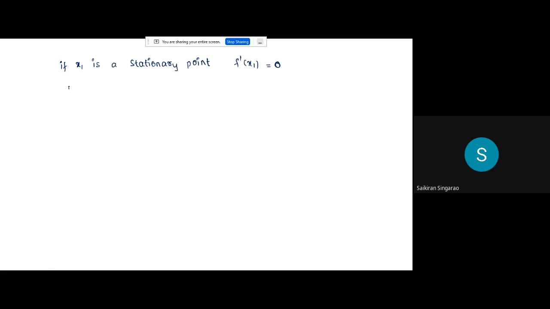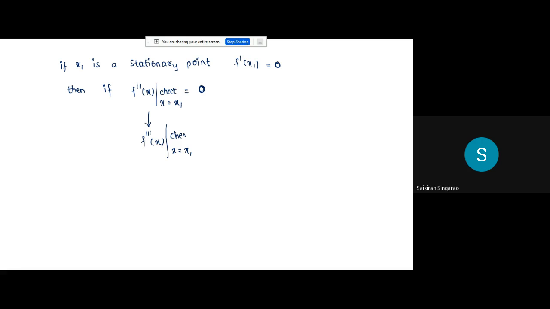Then what you do? Then you check f double dash of x at x equal to x1, so you got 0. Then what you do? Then you do triple derivative of x at x equal to x1.